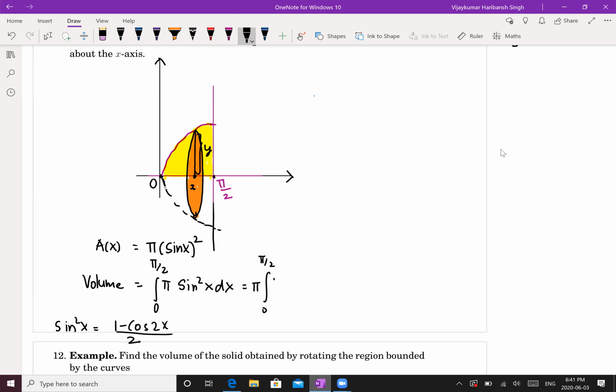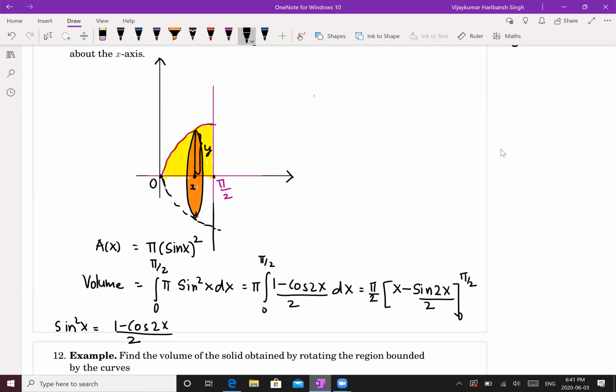So this will become 1 minus cos 2x divided by 2 dx. Now you can integrate it. So take pi by 2 common. We have integration of 1 is x, integration of cos 2x is sine 2x divided by 2, 0 to pi by 2.